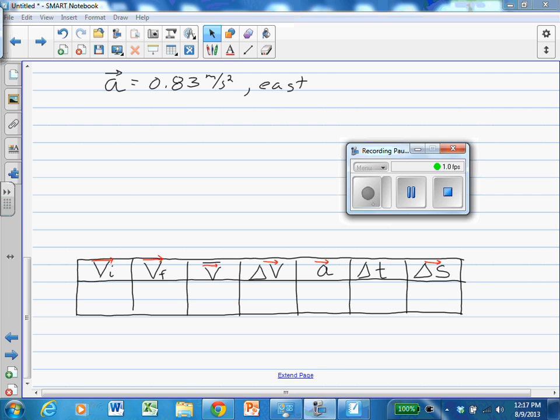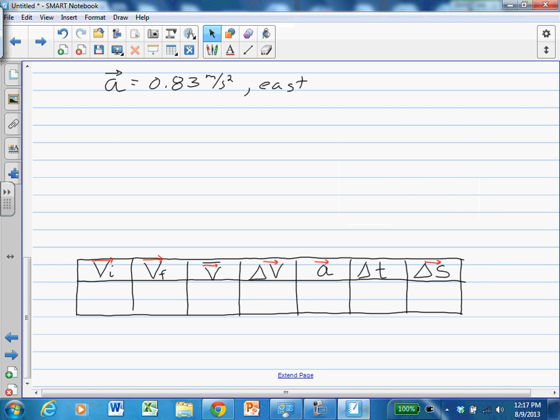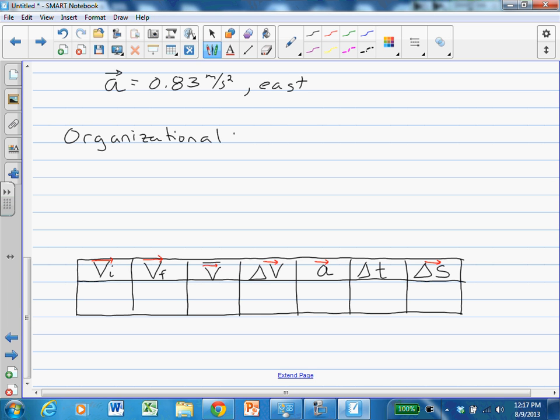Okay, so good. Now, for organizational purposes, you're going to get used to something called the RGC, or the really good chart, which we see right here. This allows you to organize your information to find all the pieces of motion.